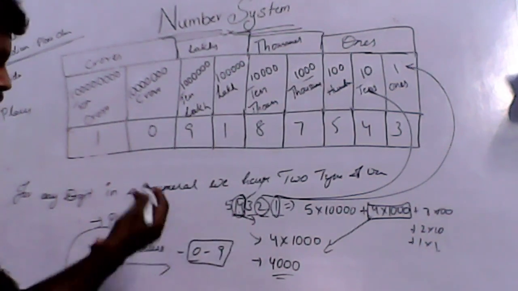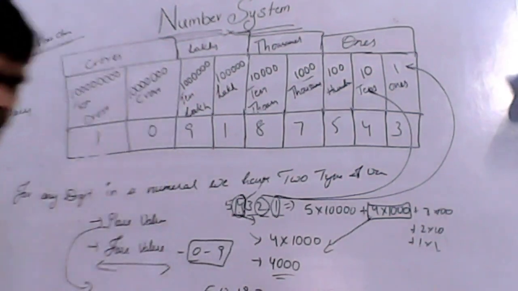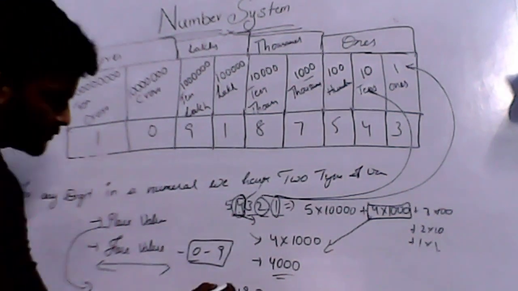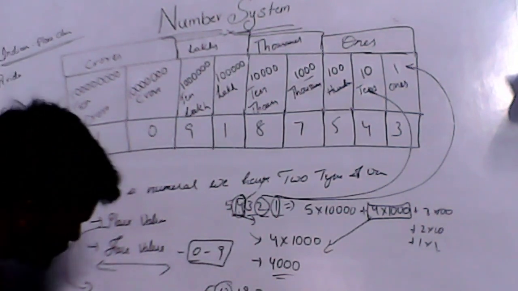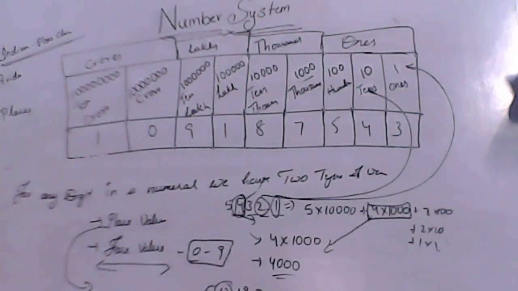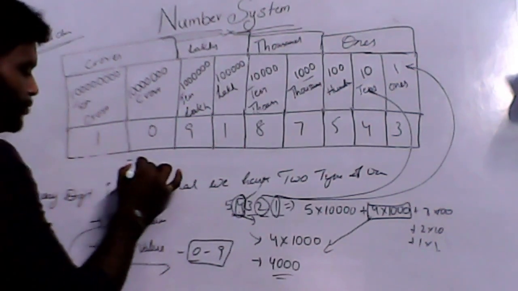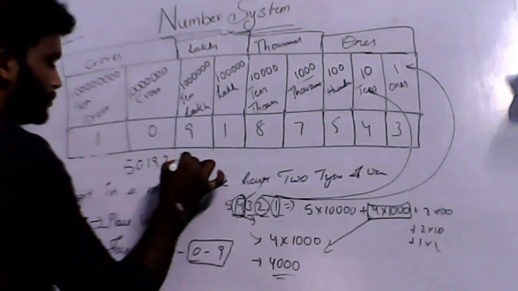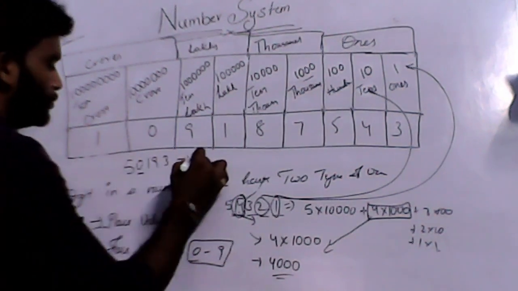Here let's find the place value of 0. For that, let's have 50193. For this we have to find the place value of 0.